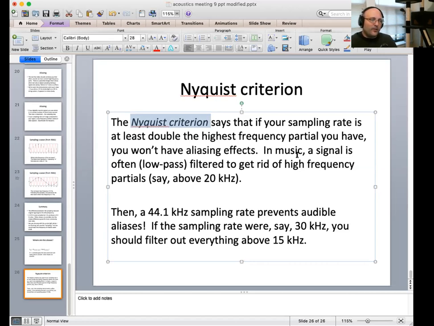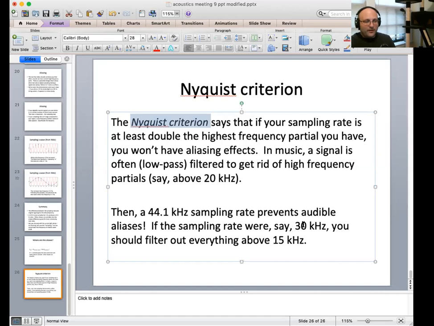And the Nyquist criterion tells us, right, if you're recording up to 20K, if your sample rate is at least double that, you won't have any alias problems as I've described it here. So 44.1 is a little extra, right?